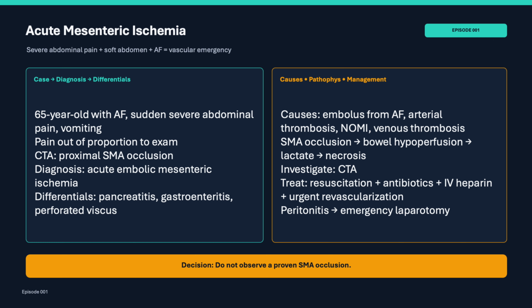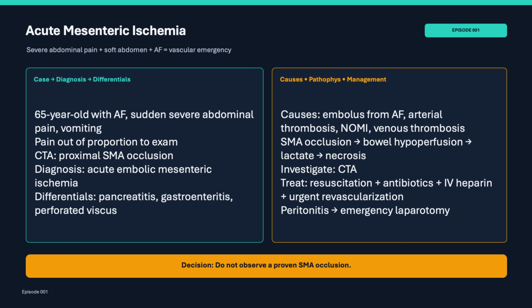If the patient develops guarding, rigidity, rebound tenderness, perforation, or other evidence of necrotic bowel, the priority changes to emergency laparotomy with assessment and resection of non-viable bowel.